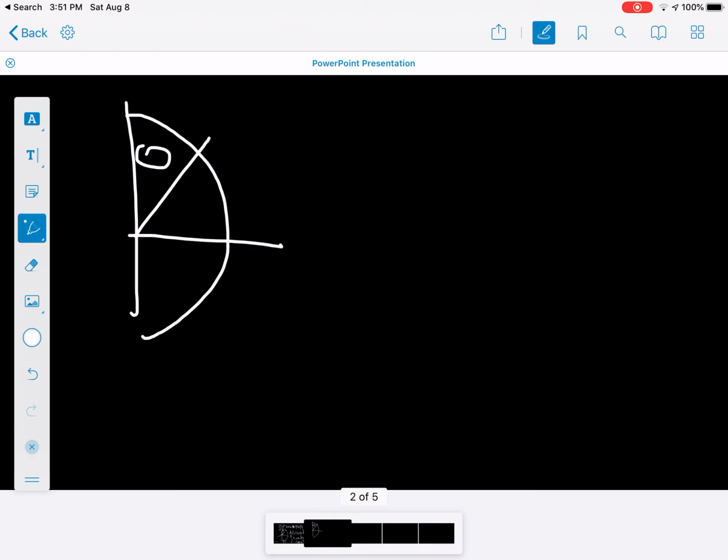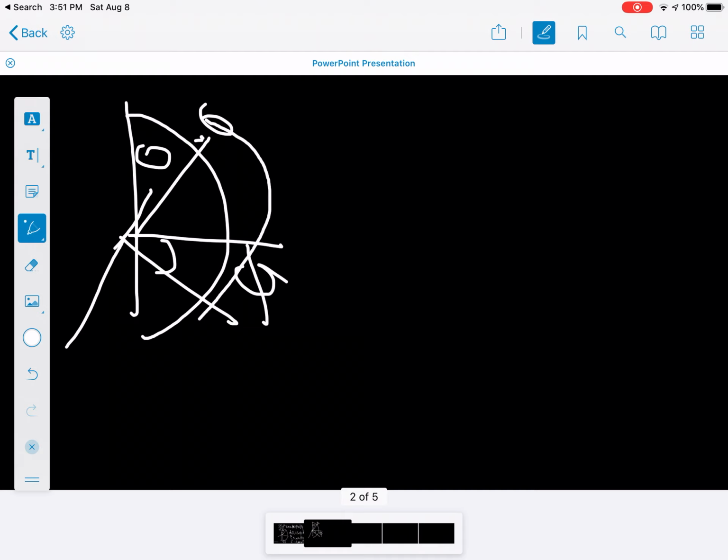Again, we had a semicircular arc. This is theta. Now this is the azimuthal plane, the phi plane, and it can go from 0 all the way around to 2 pi.